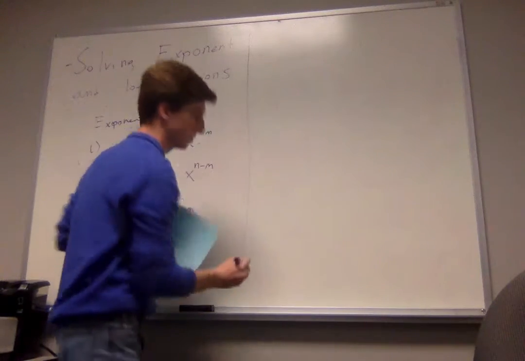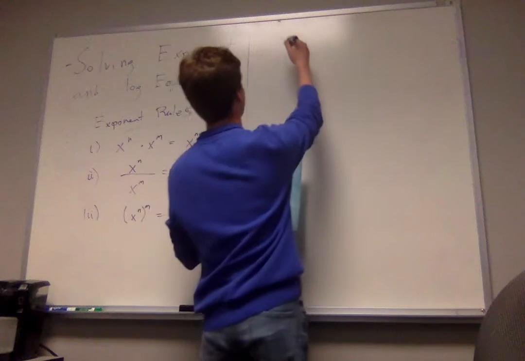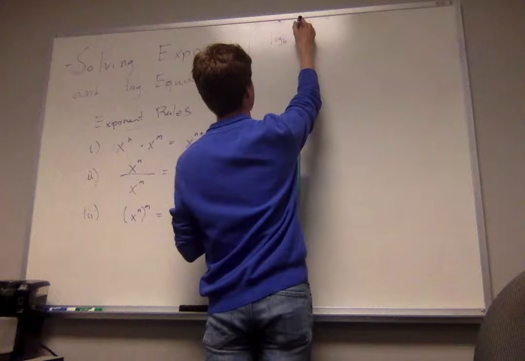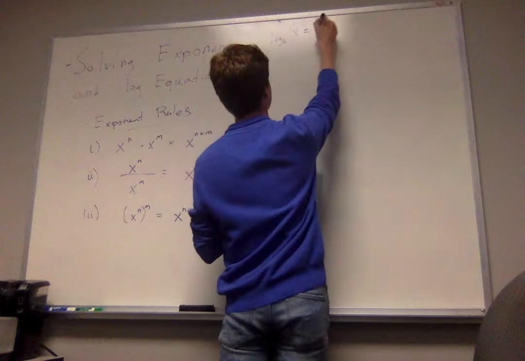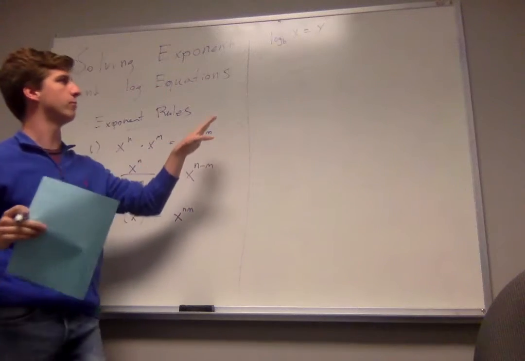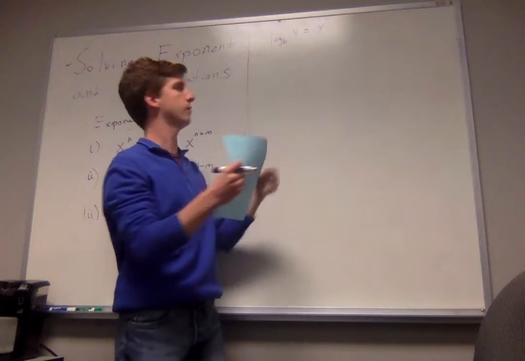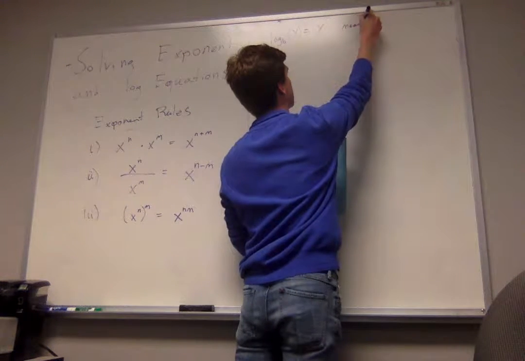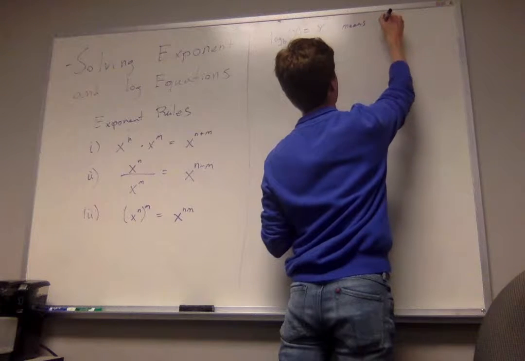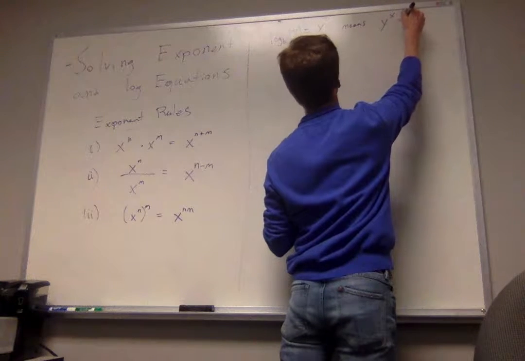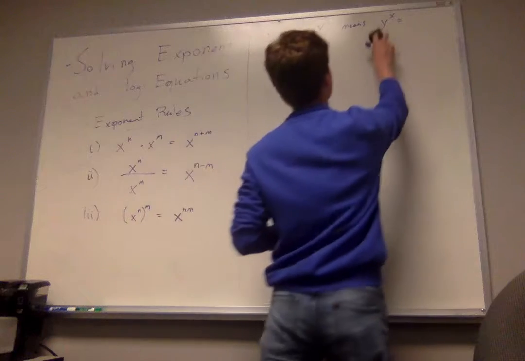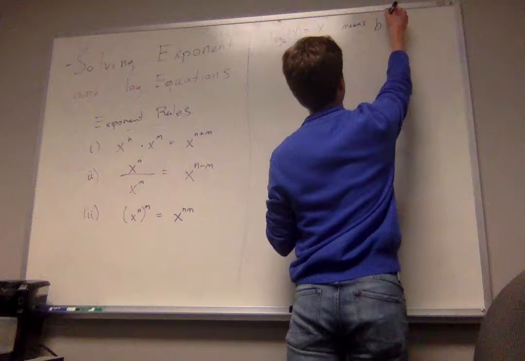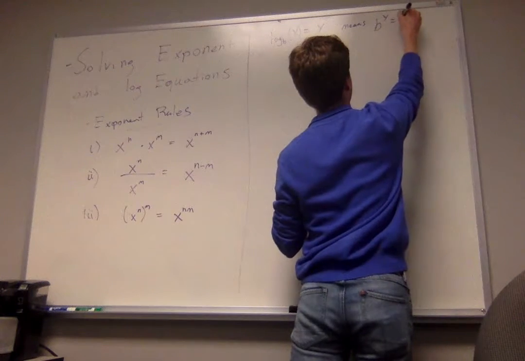So now I will remind us of the log rules. Remember that log base b of x equals y. We write this, log b of x equals y. This means that b to the y power equals x.